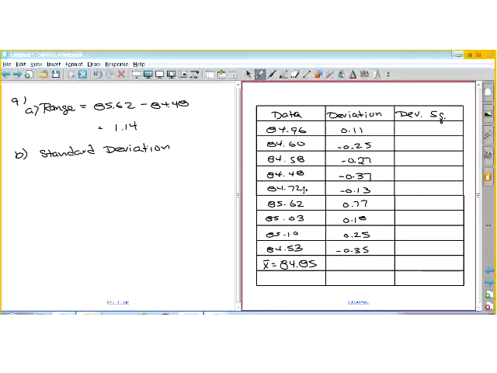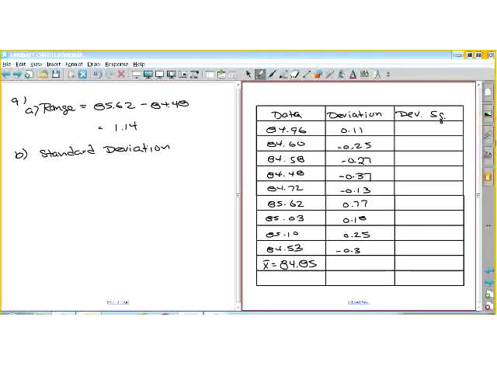And there shouldn't be any rounding errors, so okay.